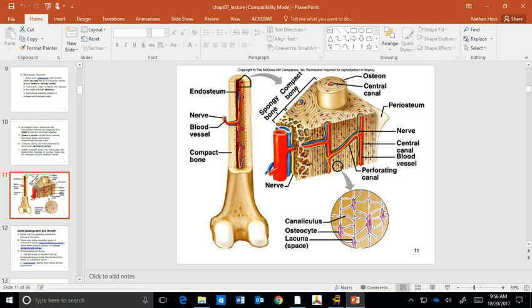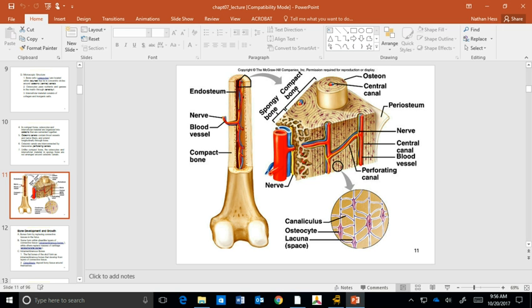Are we cool? Those central canals are connected by these little things called perforating canals, meaning they're actually going through these osteons to connect different central canals together. The medullary cavity would be the space in the middle of the long bone, the whole huge thing.